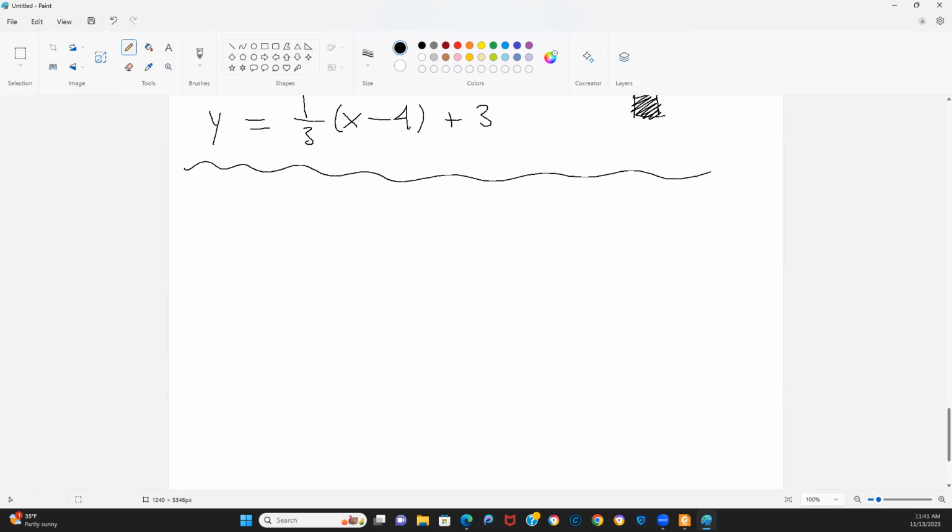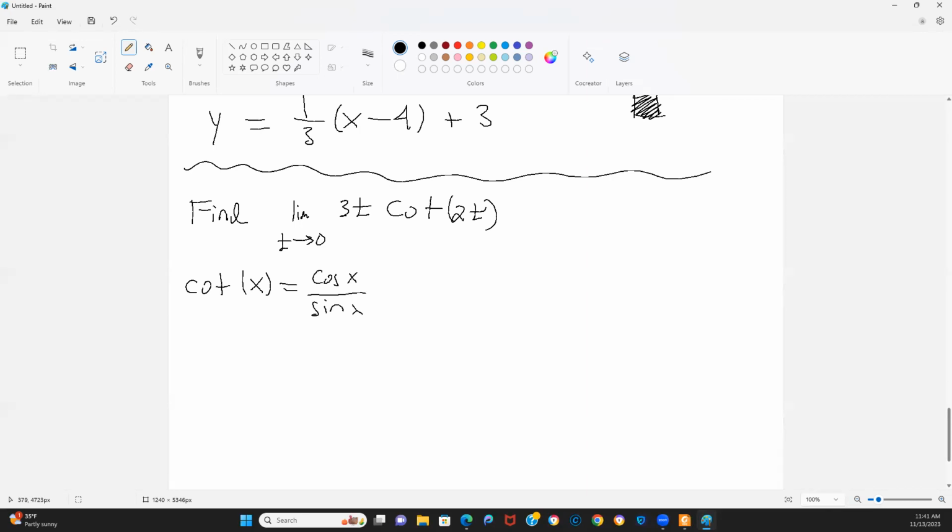So the next thing we want to do is find the limit as t goes to 0 of 3t cotangent of 2t. Remember, cotangent of just x is equal to cosine over sine.